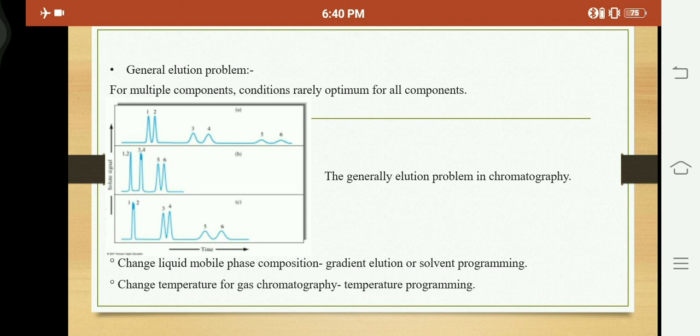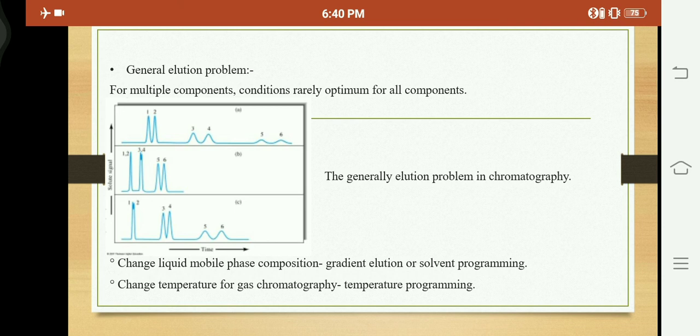In chromatogram B, conditions are changed to the optimum for the separation of 5 and 6. This bunches the peaks of the first four components to the point where the resolution is unsatisfactory. Here, however, the total elution time is ideal.